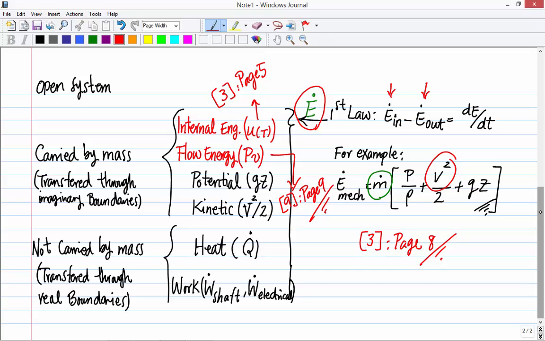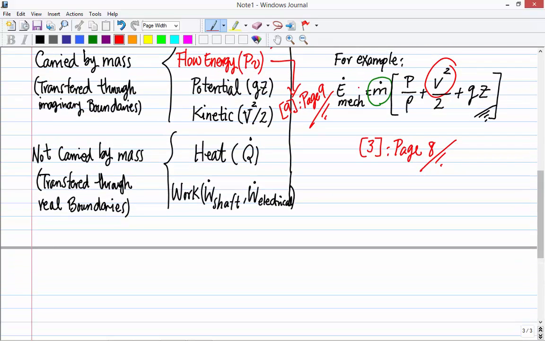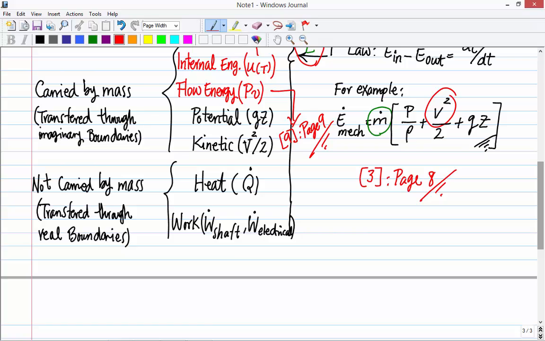Okay, so at this point I can go further, and I can modify the first law. Here, the first law is just, this E dot mechanical that we've been using so far, it just has pressure and velocity and g. What about internal energy? What about interactions between molecules?